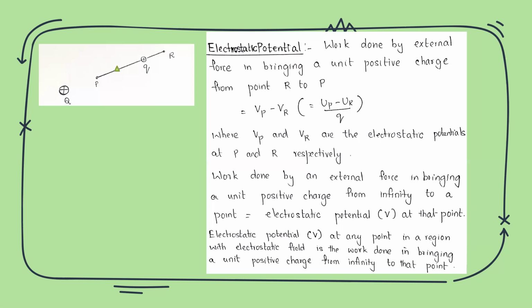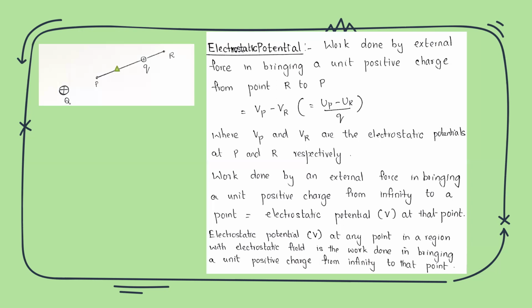Up minus Ur is the difference of potential energy from the previous topic. Dividing by the charge small q gives the result for 1 unit positive charge. Vp and Vr are the electrostatic potentials at the points P and R respectively.